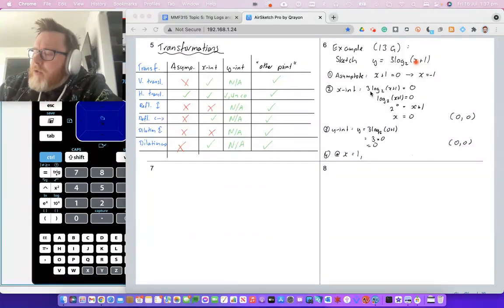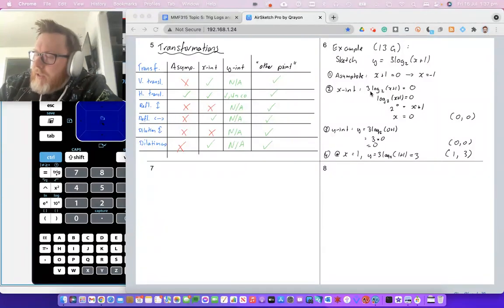So any power of 2 here would be helpful, and the easiest power of 2 is 2 to the power of 1, which is 2. So how do I make x plus 1 equal 2? By setting x equal to 1. So at x equals 1, y equals 3 log base 2 of (1 plus 1), and log base 2 of 2 is 1. That equals 3. So at x equals 1, y equals 3. So there's my critical points.